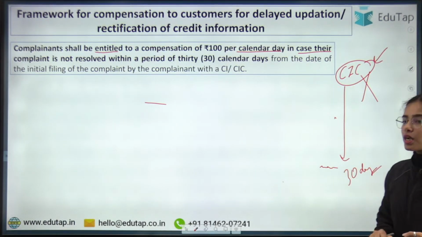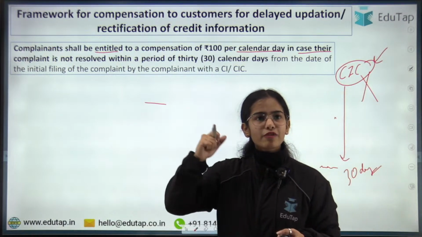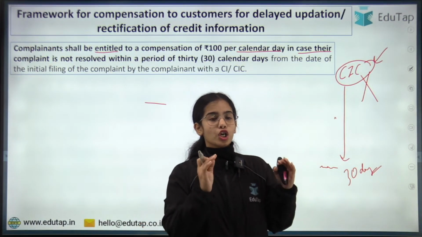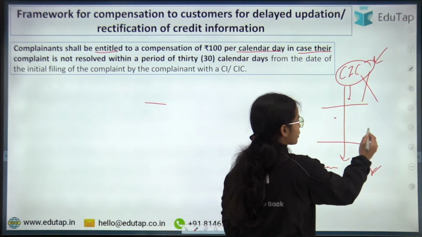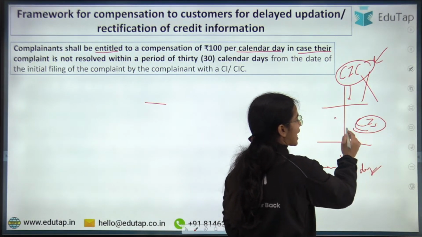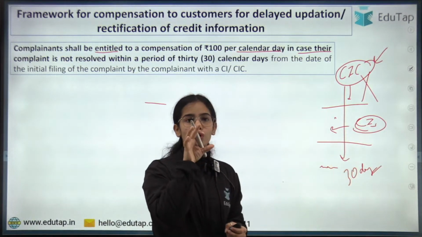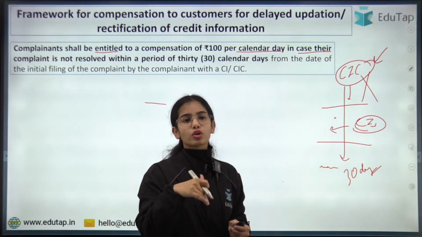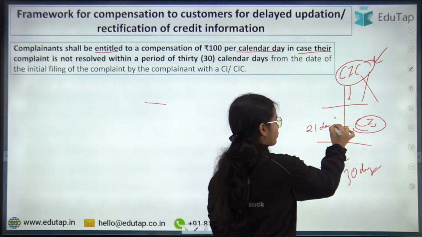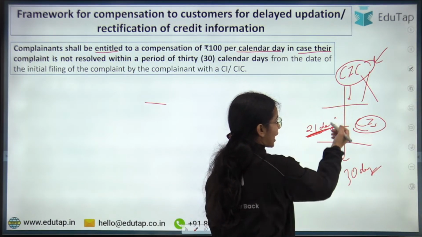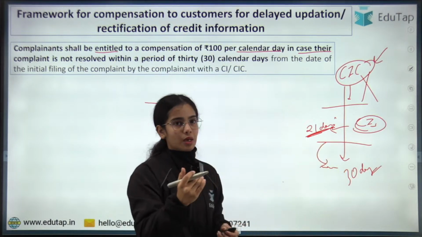Now the credit information company will say that we are getting wrong data from the bank, what is our mistake? So the credit information company will forward this query to the credit institution. Now the credit institution has the liability to resolve this complaint or to correct the data within 21 days, and the final reply will be given by the credit information company. Okay.